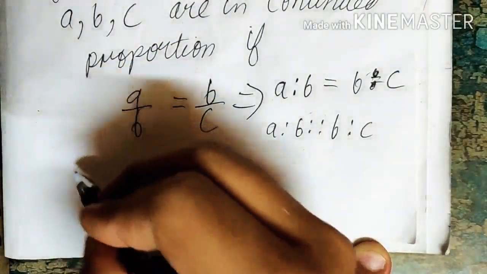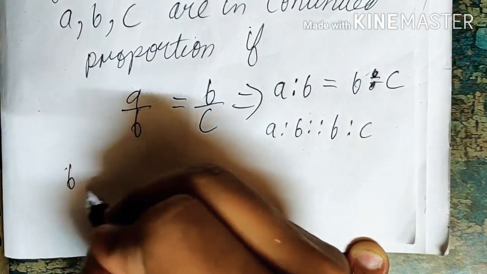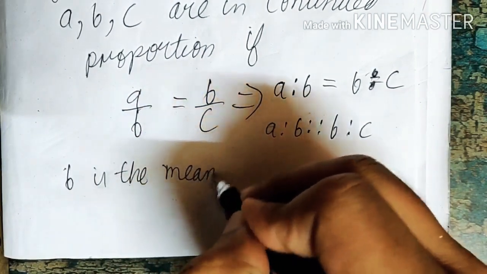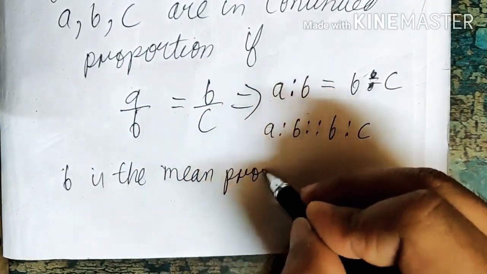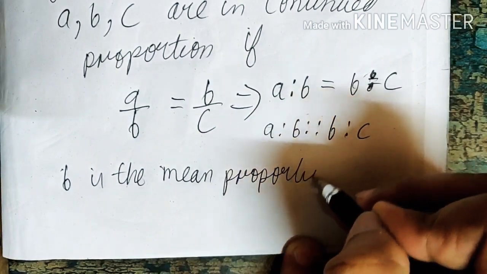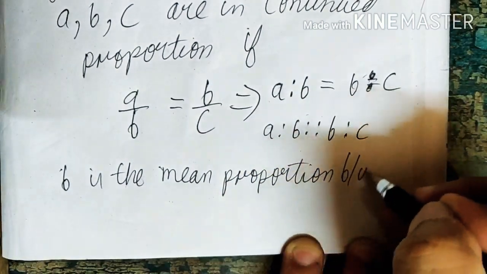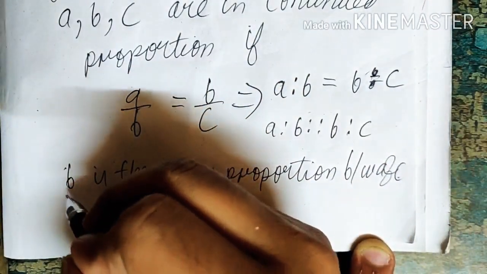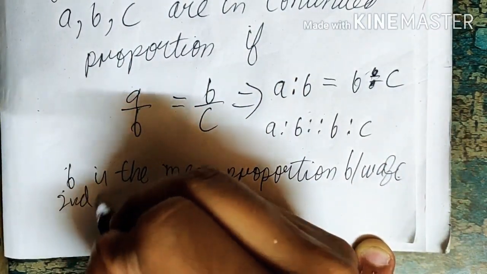Here B is the mean proportion between A and C, that is, this is the second value.